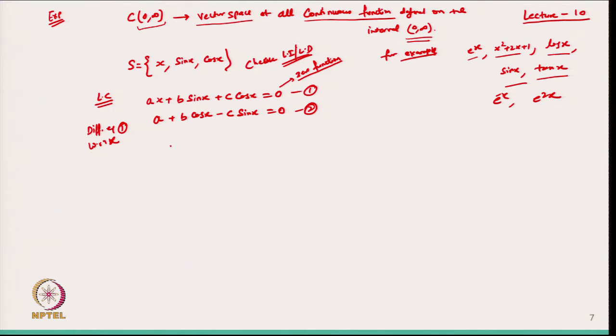So, again differentiate equation 2 with respect to x. The derivative of a x is a, and here it became just a constant, so it is 0, plus minus b sin x, because the derivative of cos x is minus sin x, and minus c cos x, equal to 0.